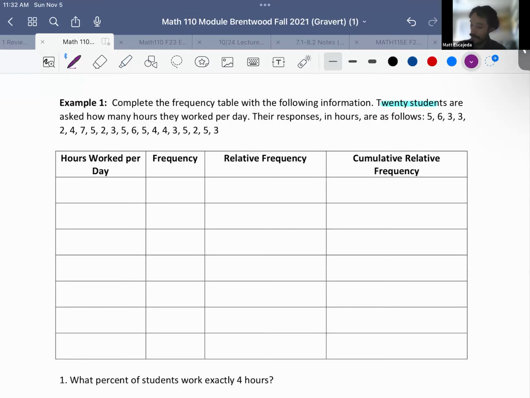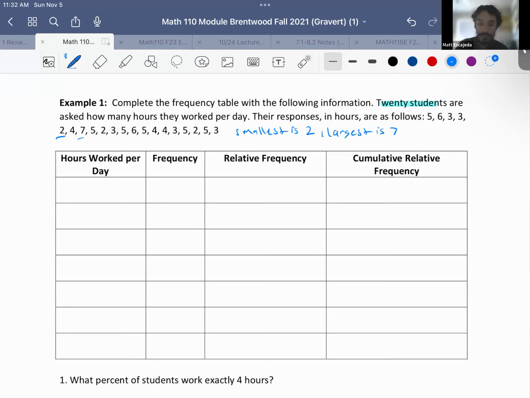One thing I identify first is that 2 is the smallest number of hours they work per day, and 7 is the largest. So smallest is 2, largest is 7.